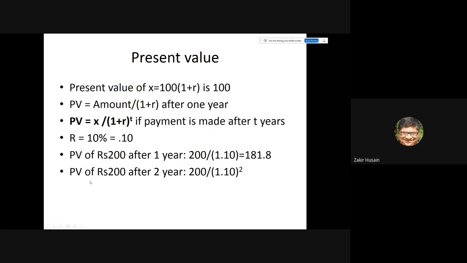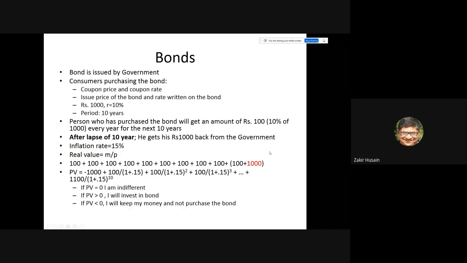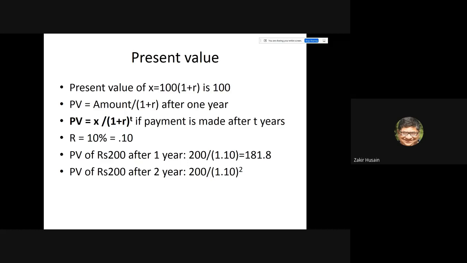Okay. So what is the present value of rupees 200 after 1 year? 200 divided by 1 plus the rate of interest, which is 10%, so 0.10. So it is 181.8. So 200 looks very appetizing, but actually it is equal to 181 or 182 rupees now.